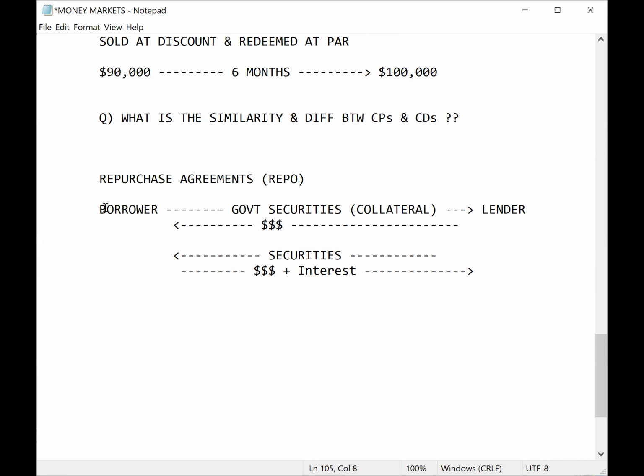They want some cash, but they don't have the cash. They have the government securities, and they don't want to sell the government securities. So what they would do, they would just keep the government securities with the lender as a collateral and get them back later.